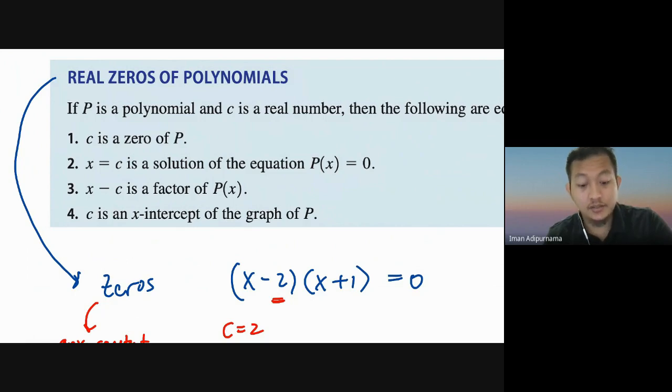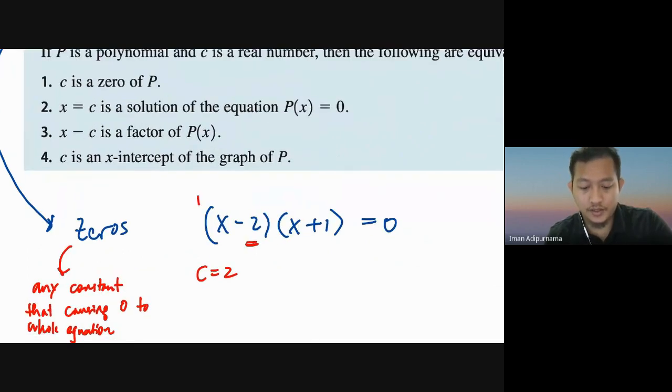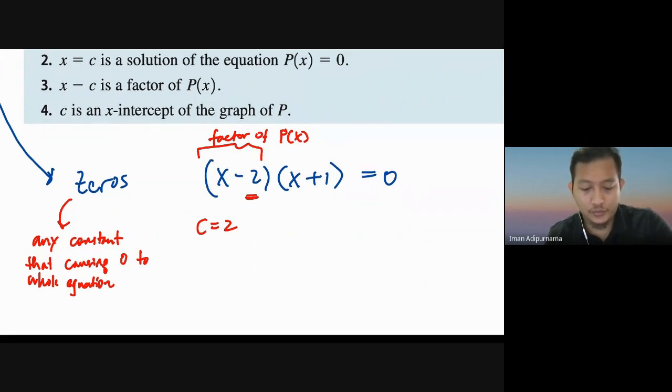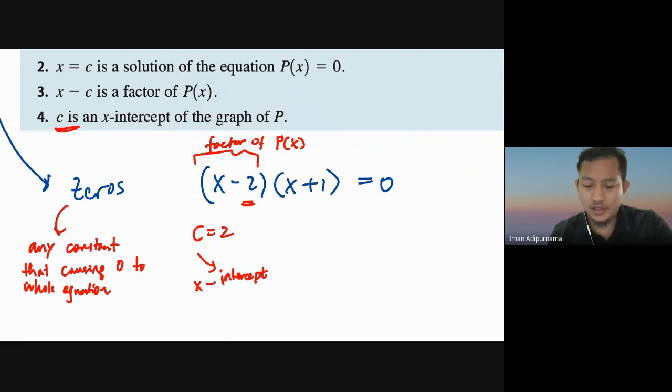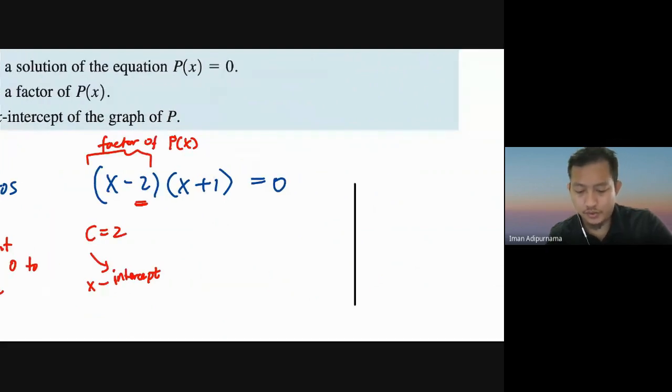x minus c, we call this a factor of the function, a factor of the polynomial function. And then if we draw the graph, we can also conclude that c is the x intercept. So the easy one is the quadratic.